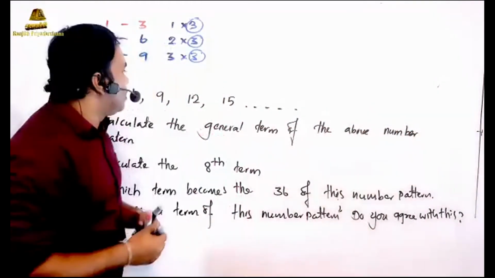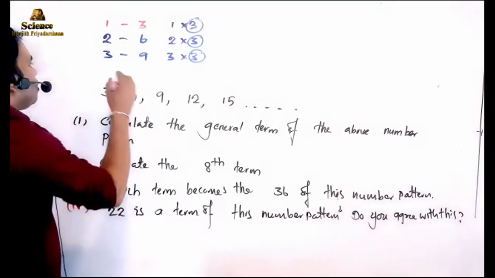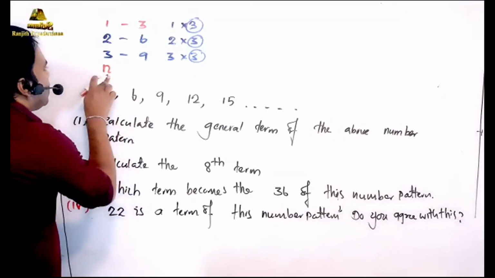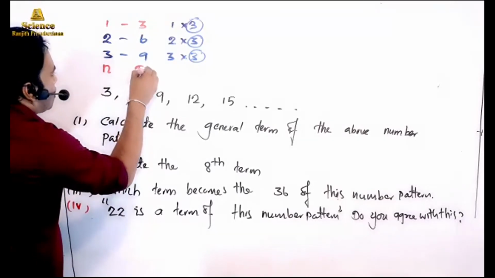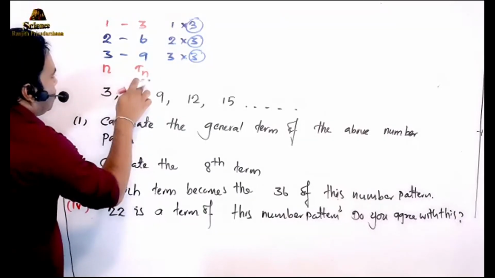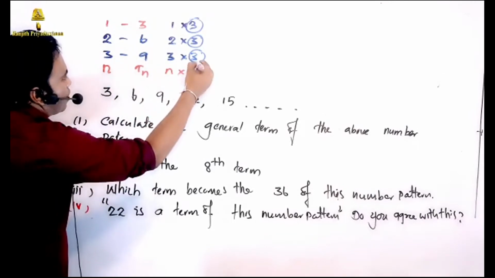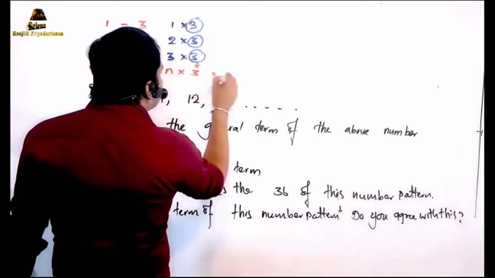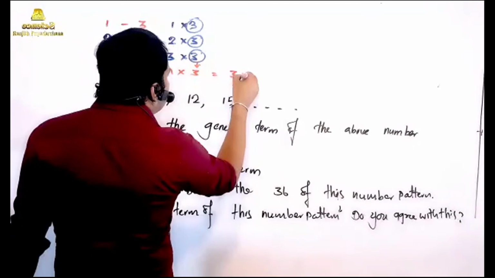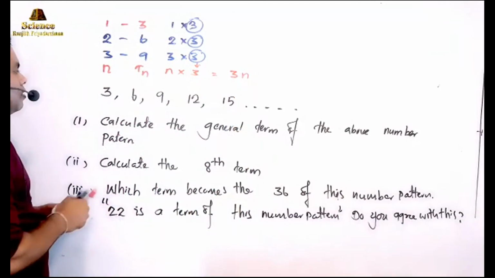Now look at this. Calculate the general term. If you consider the nth term, that becomes Tn. It becomes n times 3. Therefore, the general term is 3n.